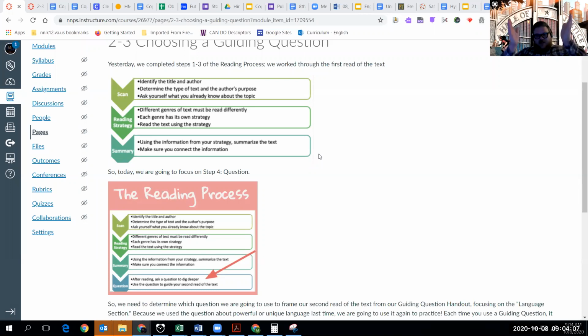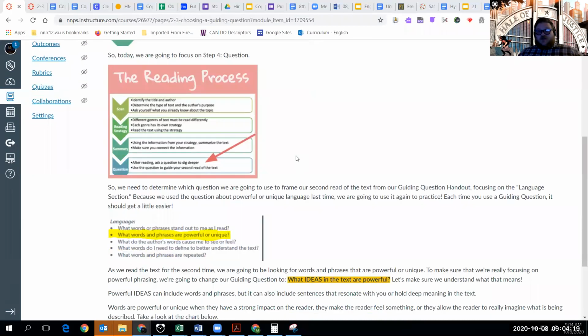You are all working downward into the funnel, and now after we've read it for the first time, we're going to dig deeper and we're going to look at the text the second time. Remember my example: if you're trying to put something together, if you're trying to build something, you don't just read the instructions and then say, well, I read it, so I must be good. You don't do that with a recipe. If you're baking something, if you're cooking something, you don't do that when you're assembling Lego.